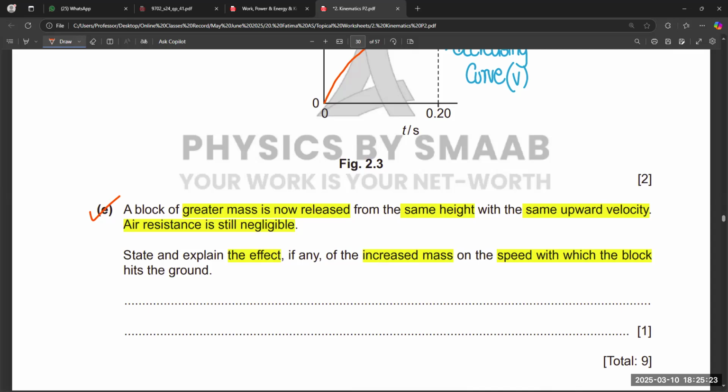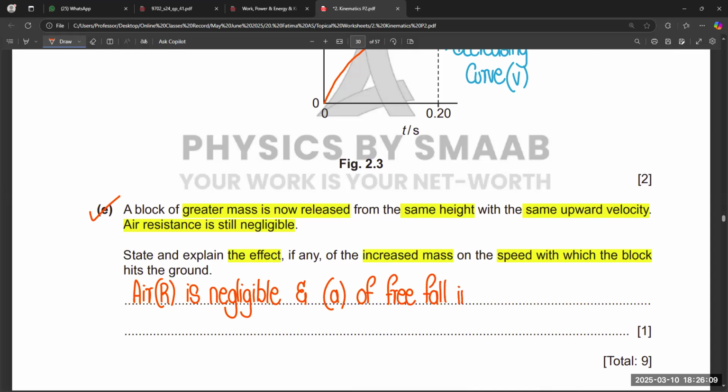So the final answer: air resistance is negligible and acceleration of free fall is not dependent on mass.